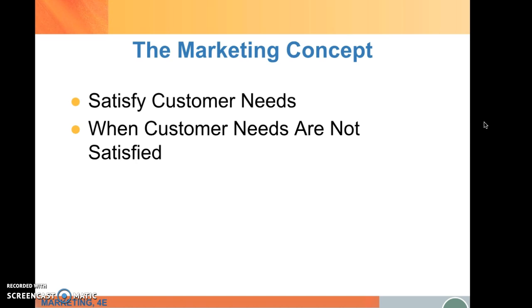So the second piece of this is when customer needs are not satisfied. Businesses that don't use the marketing concept are more concerned about producing the products than actually understanding what the customer needs or wants at that point. So once products are developed, they're going back to the old way and relying on traditional marketing activities to sell those products.